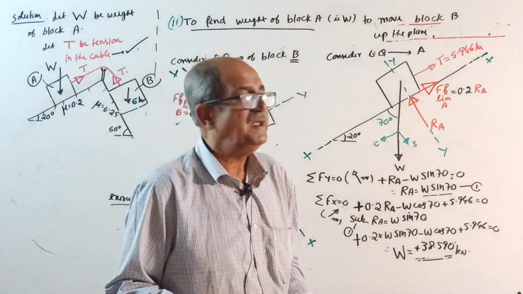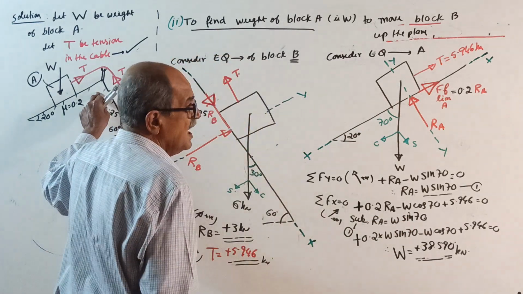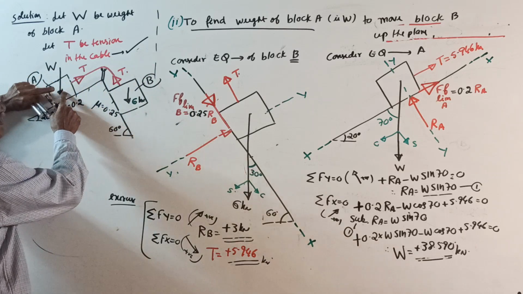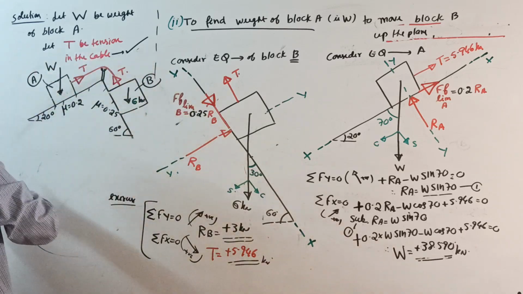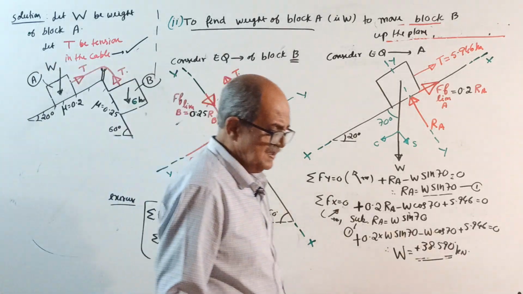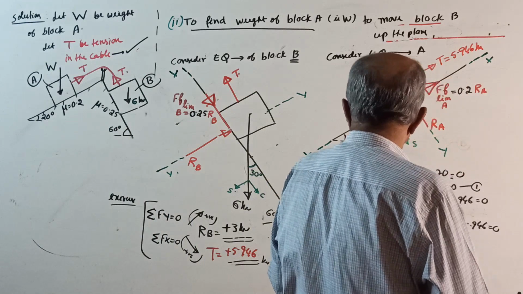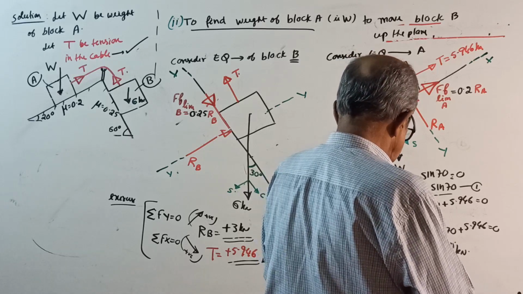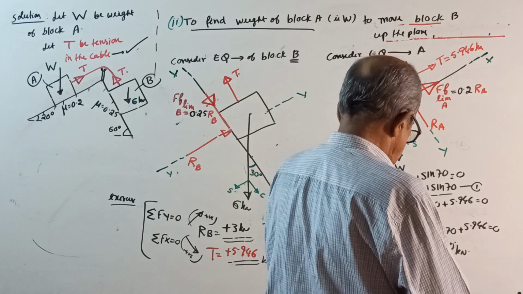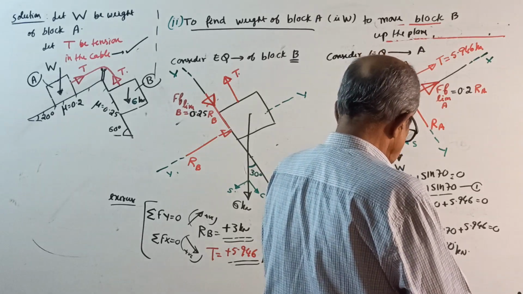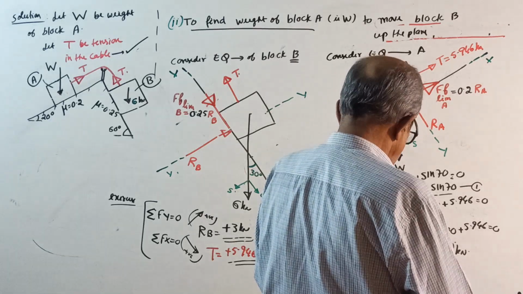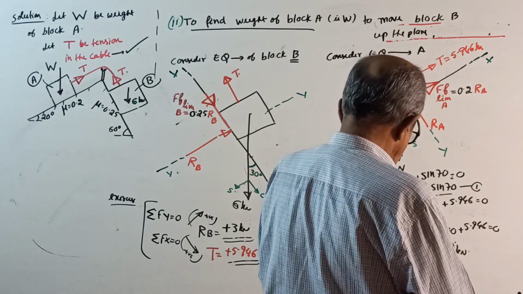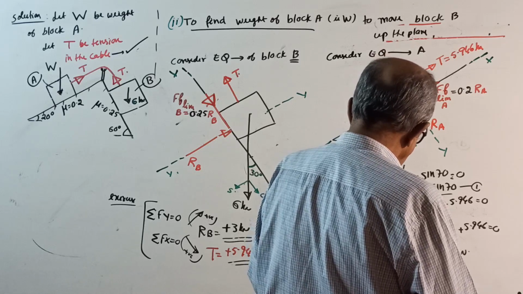Don't blame me. Last time it was a small answer. Why? Last time this W should prevent it from sliding. But now you apply high force so that this comes down and that goes up. You require higher effort. I think I'll check once again. Is it correct? 0.2 into sin 70 equals minus cos 70 into minus 1 because it goes to the other side, reciprocal into 5.946. 38.59, correct.